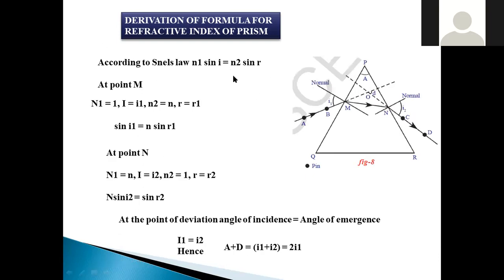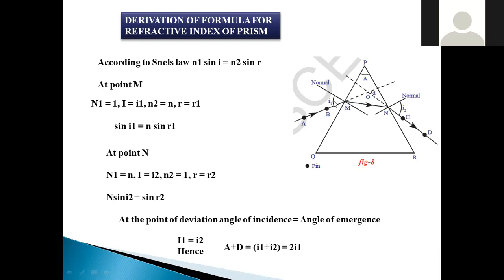According to Snell's law, we are applying Snell's law here. What does Snell's law state? N1 sine I is equal to N2 sine R. So when we take the point M, where the incident light is entering into the prism, at this point N1 is not there, hence it will become 1.